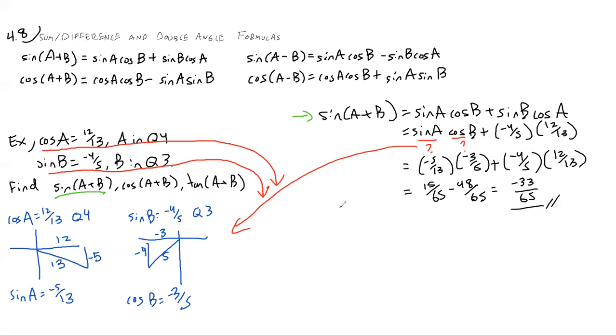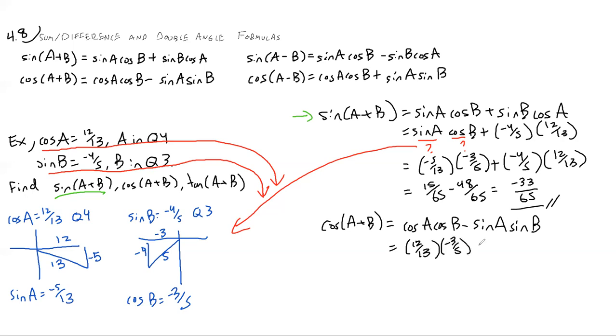Okay, and then we'll do cos of A plus B. So again, just write out the formula to get this started: cos A cos B minus sine A sine B. And I already figured out all of that information when I did it for sine. So cos A is 12 over 13. Cos B is negative 3 over 5.